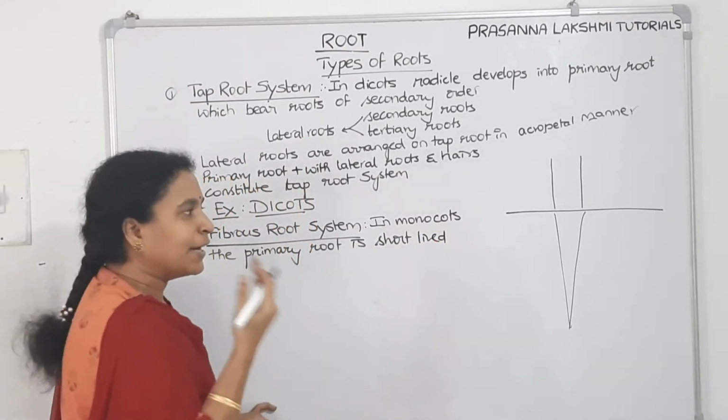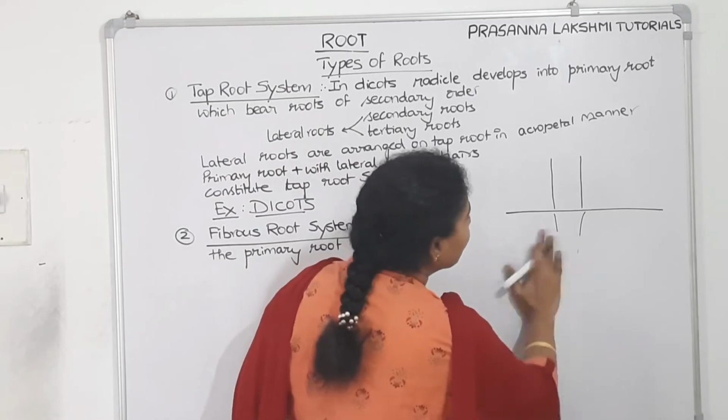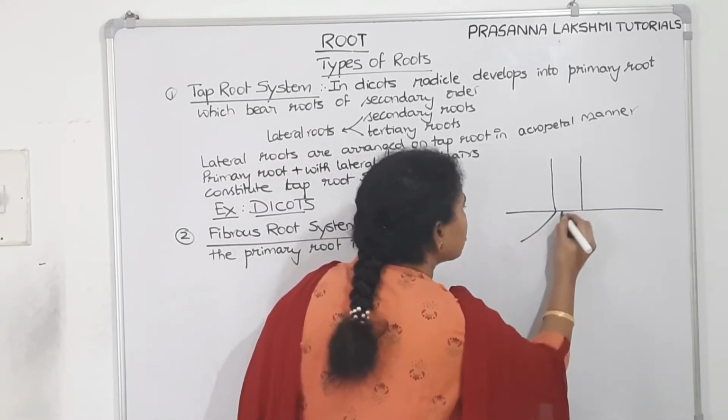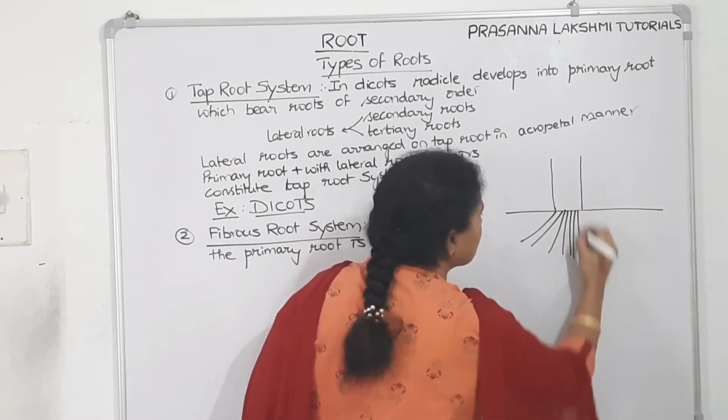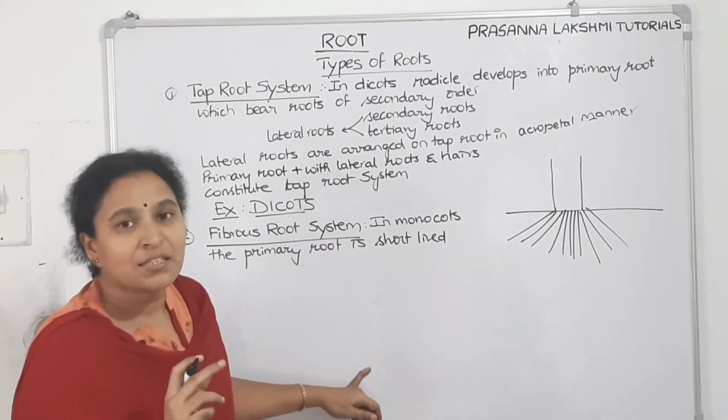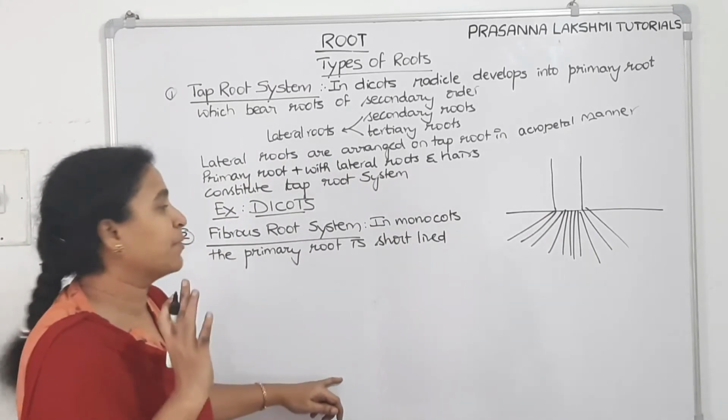When it is short-lived, it will die. When the primary root dies, it will be replaced by a bunch, a tuft of roots arising from the base of the stem, which is the fibrous root. It's fiber-like, so fibrous root system.